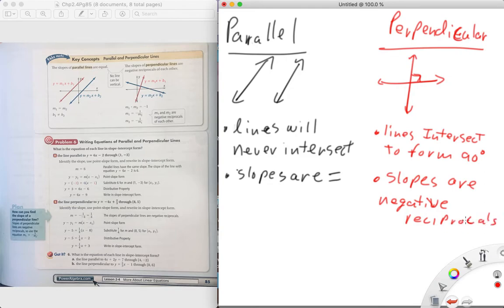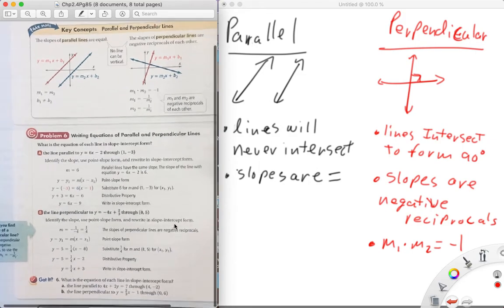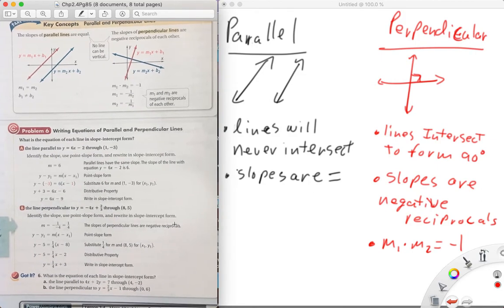Meaning, when I multiply these slopes, let's call it slope number 1 times slope number 2, it's going to equal negative 1. Negative reciprocals. Okay.